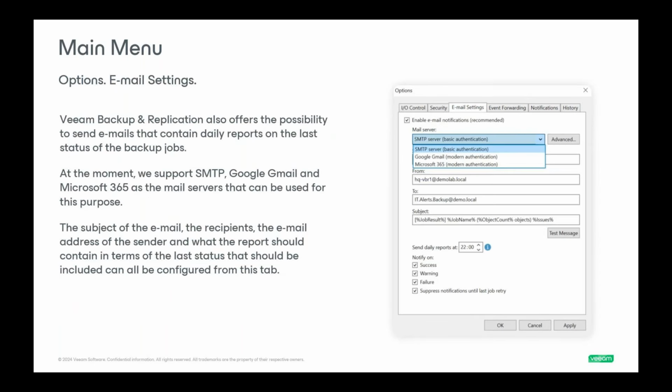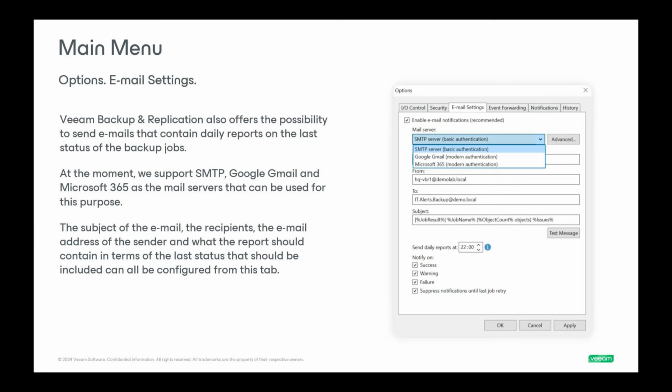Moving over to the email settings tab here. It's definitely good to have, making sure your backups are successful. Email may be a little overkill, but some people like it. Most people that I've worked with will set up warnings and failures.